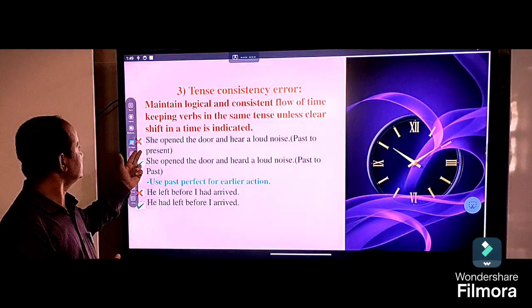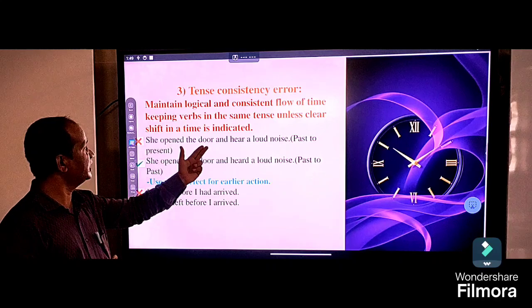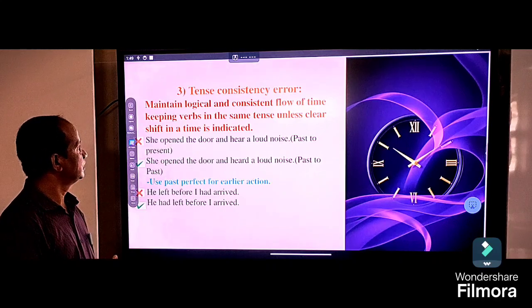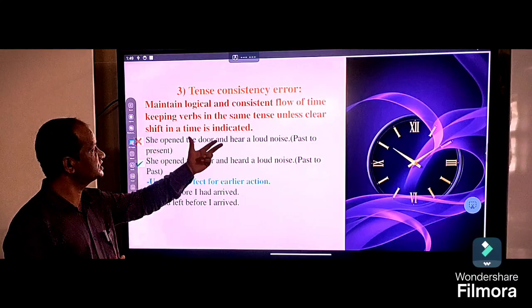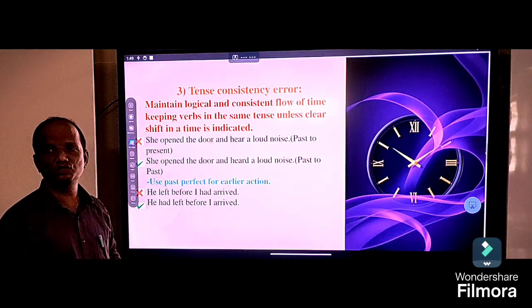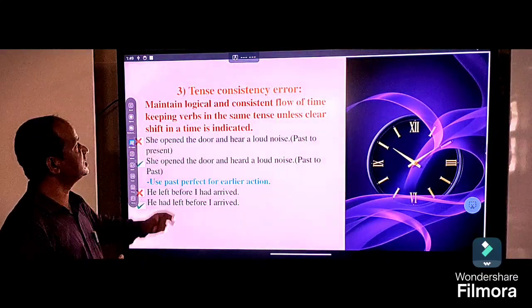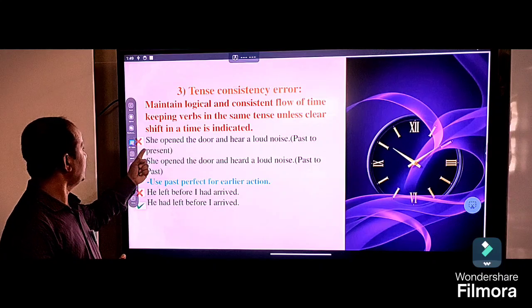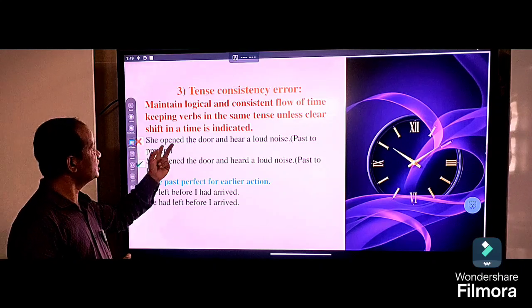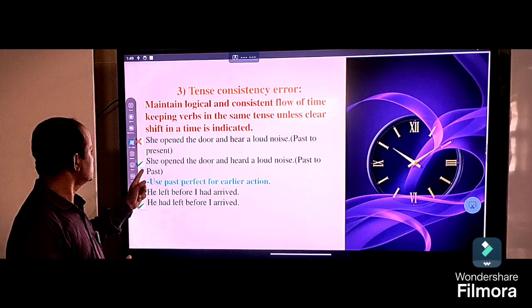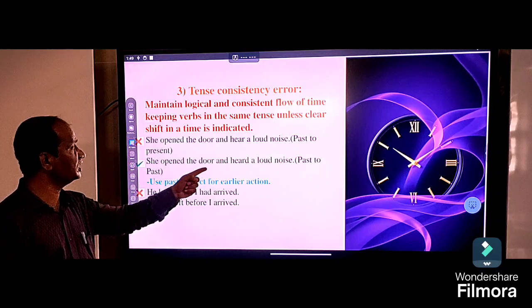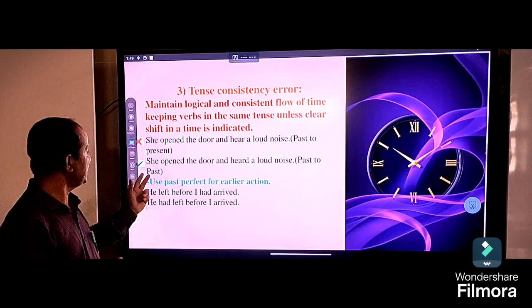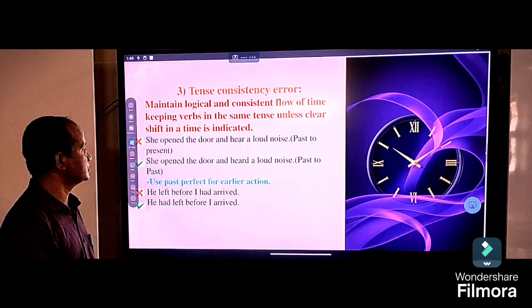For example, here is given, she opened the door and hears a loud noise. You will find that in the first part, simple past has been used. In the second one, simple present has been used. It is an incorrect statement. So we have to keep the same tense in both clauses. So the correct statement will be, she opened the door and heard a loud noise. Here we have kept past to past.